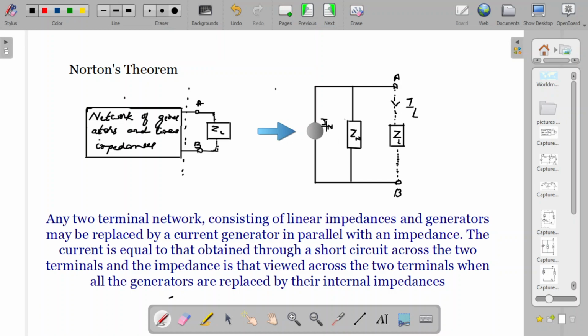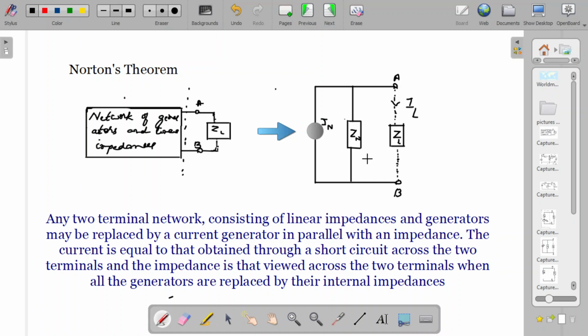When you replace this whole thing by a current source, we should know how you can calculate this IN, and similarly how you can calculate this ZN. That is, any two-terminal network consisting of linear impedances and generators can be replaced by a current generator in parallel with an impedance.